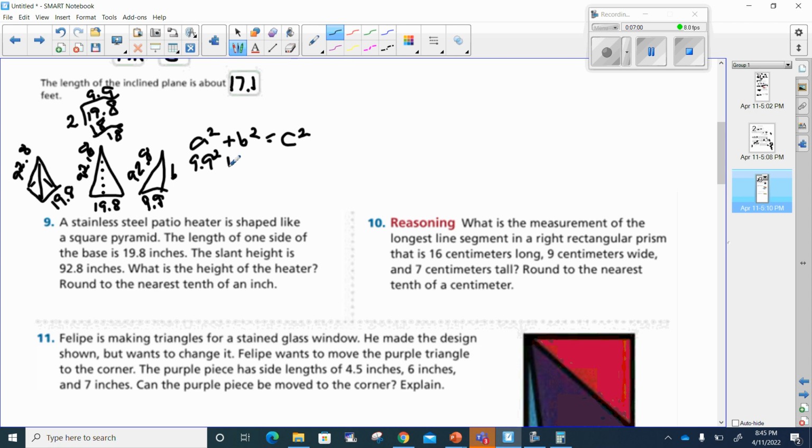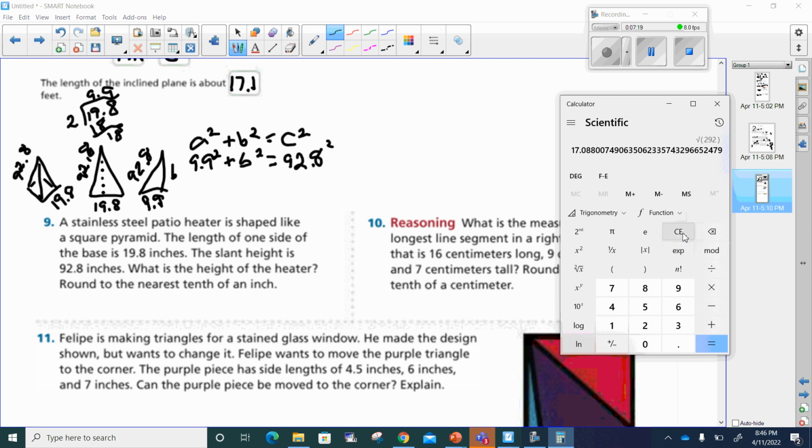B squared, we have no idea what that is yet. We do know that c squared is going to be 92.8 squared. All right, so let's redo these numbers here with the calculator. We know that 9.9 squared is 98.01.